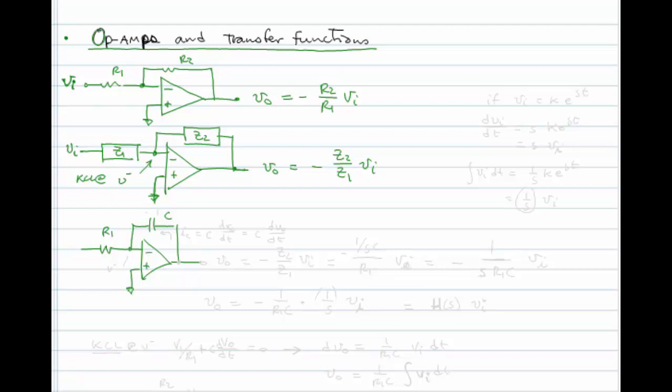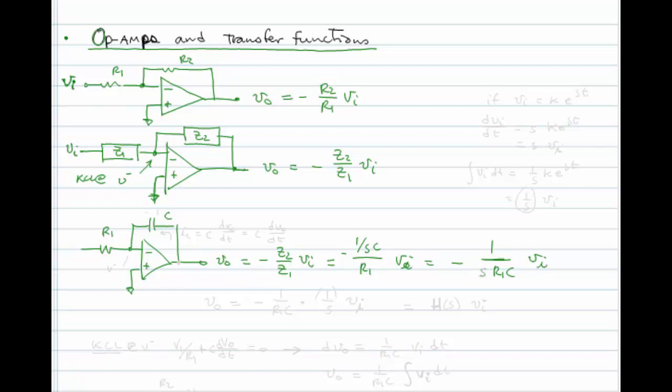Well, we could immediately write Vout is equal to minus Z2 over Z1 times VI, but then we'd want to replace Z2 with the impedance of the capacitor, which is 1 over SC, and the impedance of the resistor, which is just R1. And so we have minus 1 over SR1C times, oops, that's supposed to be VI, VI.